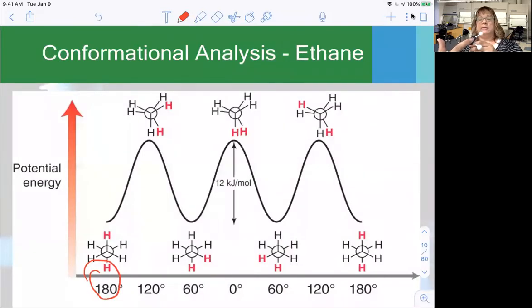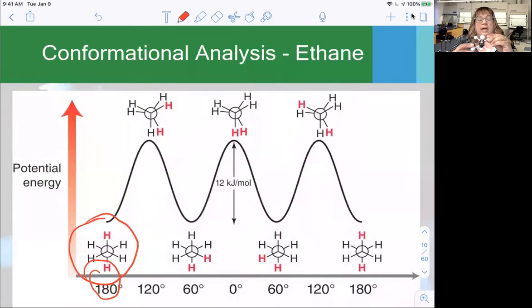Front carbon, hydrogens pointing up, 2 hydrogens side. Back carbon, the 2 hydrogens are staggered, right, from this guy. And then I have back hydrogen on the bottom. So what I drew, what this conformation is actually indicating is right here on my screen.